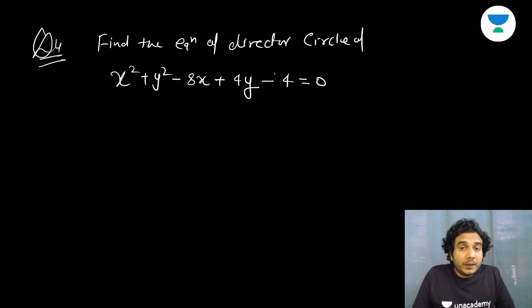So I'll repeat: director circle is a circle which is concentric with the given circle and whose radius is root 2 times the radius of given circle. All right.